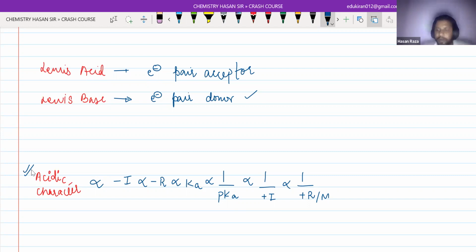Are you getting my point? The compound or the group which has more withdrawing power is more acidic.